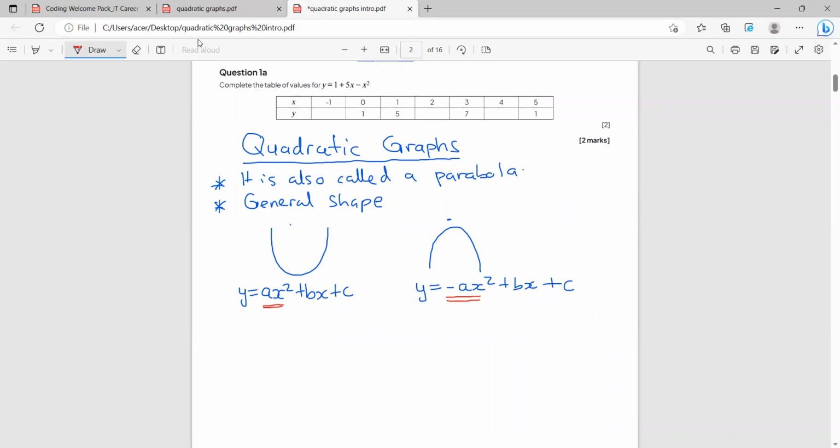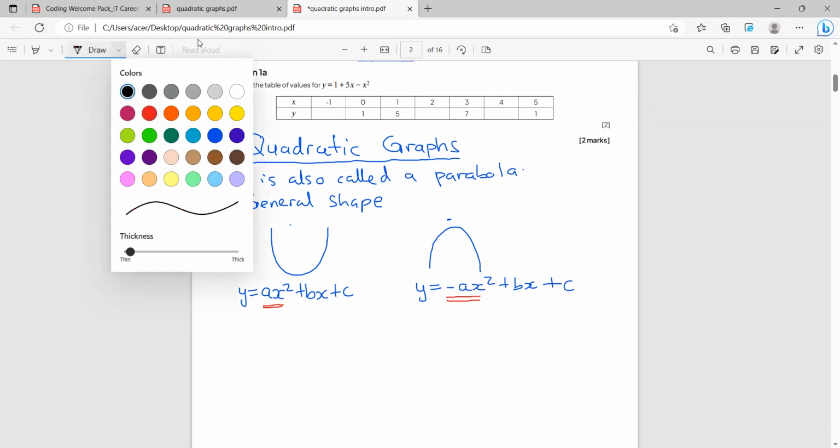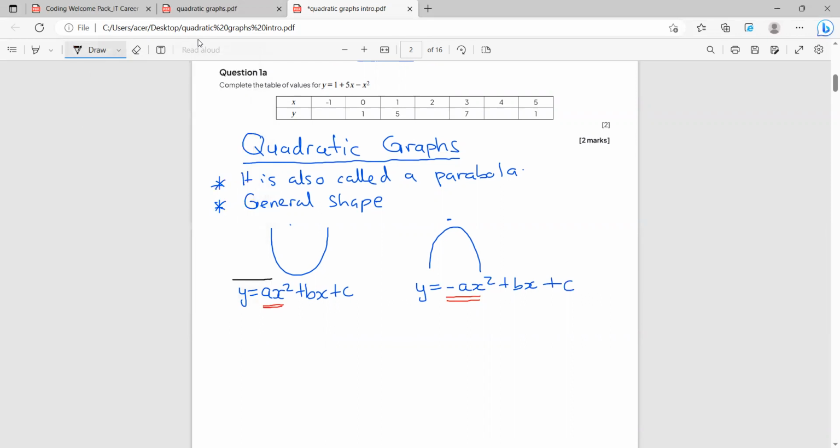All right. So now let's look at this. There are certain things that are important for you to get a quadratic graph. And the most important part of a quadratic graph is this section. Let me just quickly highlight it. You must be having the squared term.